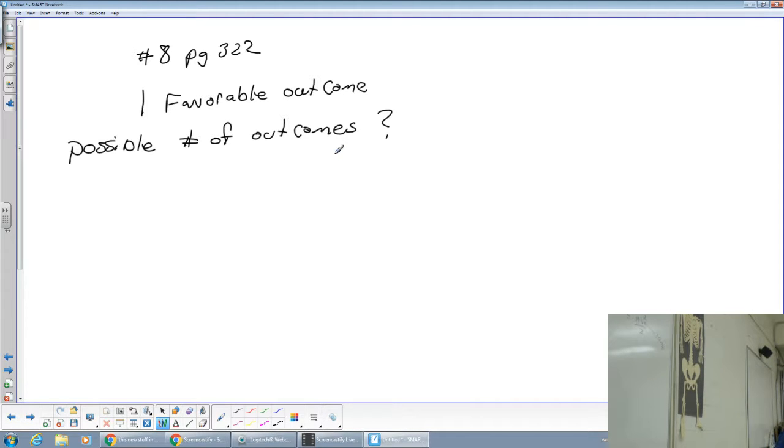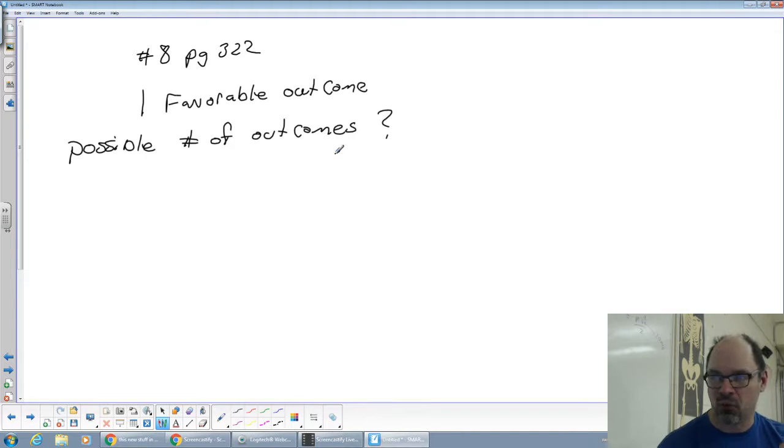So the possible number is you're going to pick 3 students from 15. Now, does the order in which they are selected matter? And the answer is yes, because there are 3 different positions. You select that person for a particular position.